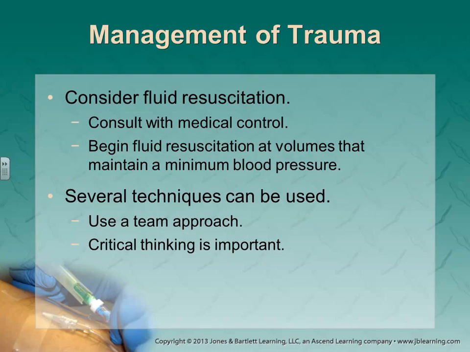Your fluid resuscitation. What's your formula for fluid resuscitation? 20 cc per kilo. So National Registry is 10 to 20 milliliters per kilogram initial bolus, right? You want to maintain a minimum blood pressure of what? 90 systolic. That's called what? Permissive hypotension. So, and it's really 80 to 90. Studies have shown that 80 to 90 will keep it perfused.